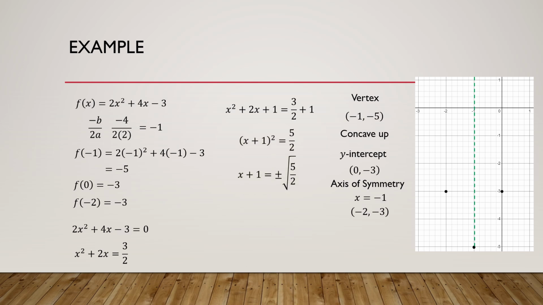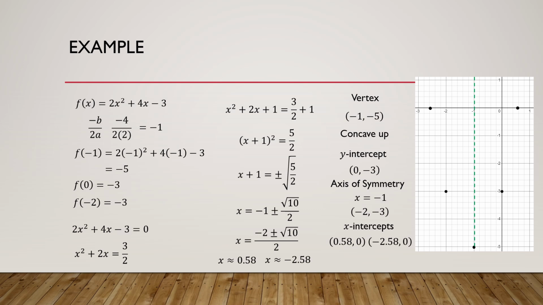Square root both sides, subtract the 1, then rationalize the denominator to get negative 1 plus or minus the square root of 10 over 2. Combine with the common denominator to get x equals negative 2 plus or minus the square root of 10, over 2, which is approximately 0.58 and negative 2.58. From here, we can sketch the graph.